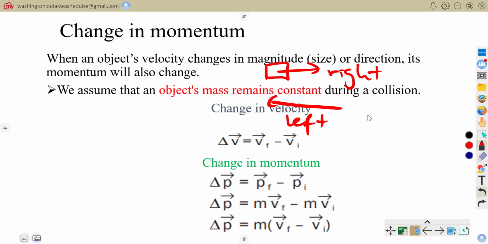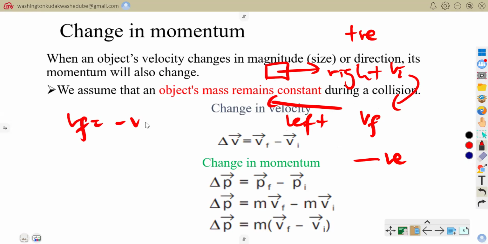The velocity of the object initially would be different from the velocity of the object finally, because if I take going to the right to be positive, it simply means that going to the left would be negative. So my final velocity would be a negative velocity, whilst my initial was a positive velocity. So this would translate to a change in velocity.